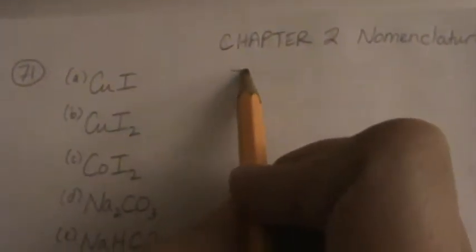Well, first of all, I'm going to work backward just a little bit, because I know that as a halogen, I is always 1 minus. Since they are evenly balanced, that means that my copper has to be 1 plus. Copper is one of those ions that can be Cu1 or Cu2, so copper 1 or copper 2.